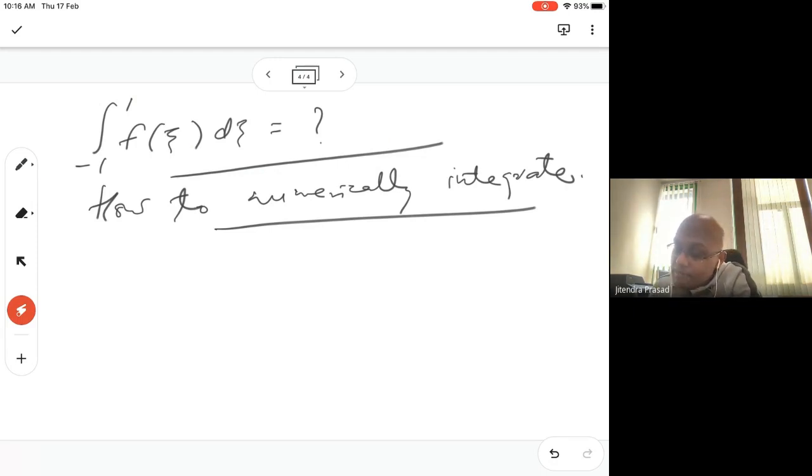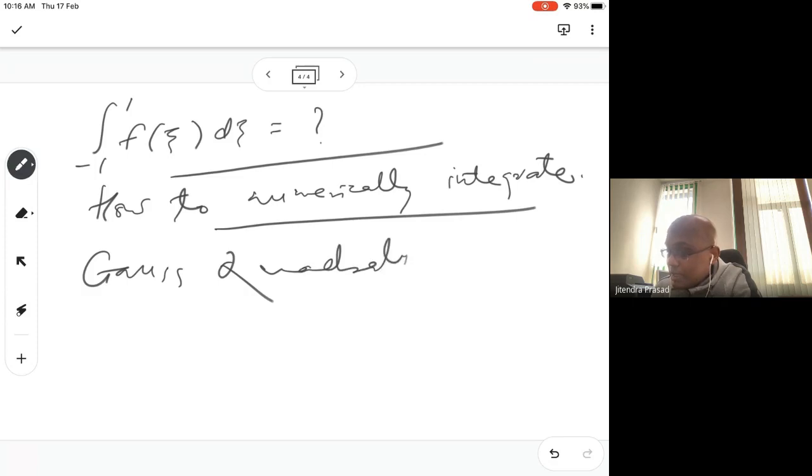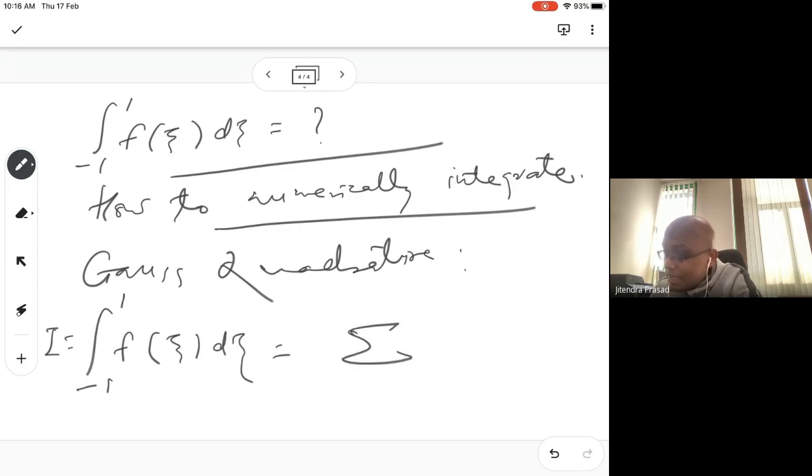Now this Gauss formula or Gauss method, Gauss quadrature, says that we can have this, let's say call it I is equal to integral -1 to 1 f(xi) d xi. It says that we can have a weight, w_i times f(xi_i), where i equal to 1 to number of Gauss points.